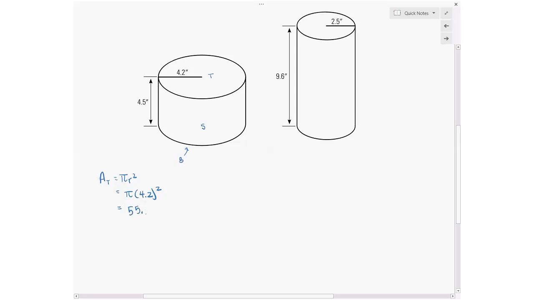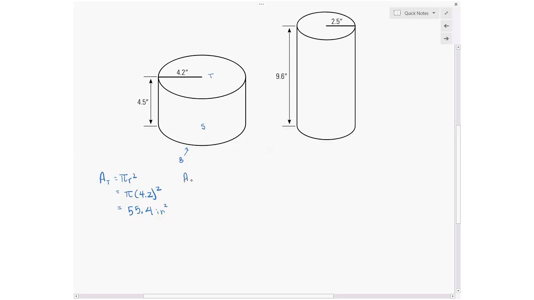We'll go to one decimal place because that's what they've given us, and my units are inches squared. By the way, if you're doing inches, we can write inches just with two little dots, but as soon as we go into squaring it or cubing it, let's write inches IN. It's just much easier to make sense of.